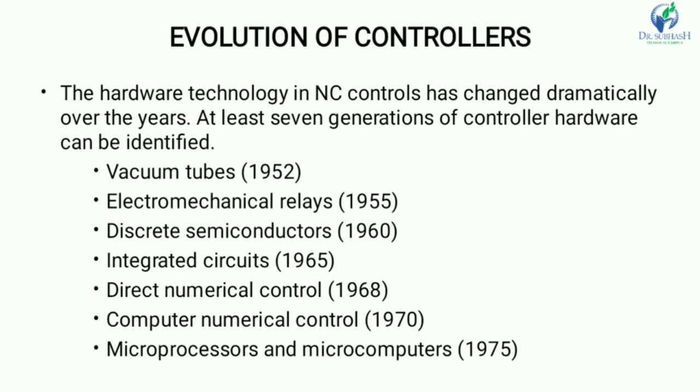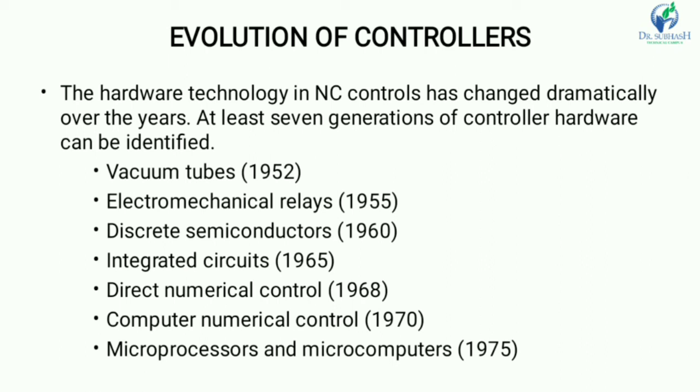At least 7 generations of controller hardware can be identified: vacuum tubes in 1952, electromechanical relays in 1955, discrete semiconductors in 1960, integrated circuits in 1965, direct numerical control in 1968, computer numerical control in 1970, and microprocessors and microcomputers in 1975.